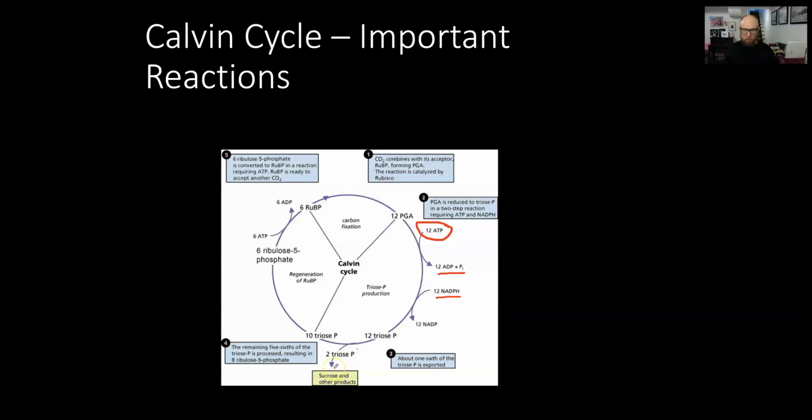So after we get a product from the Calvin cycle, the rest of this process is just regenerating ribulose bisphosphate, which again is that molecule that gets combined with CO2 by Rubisco. There's some more energy input into these steps to regenerate ribulose bisphosphate.